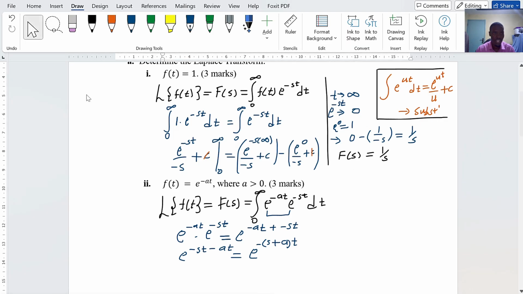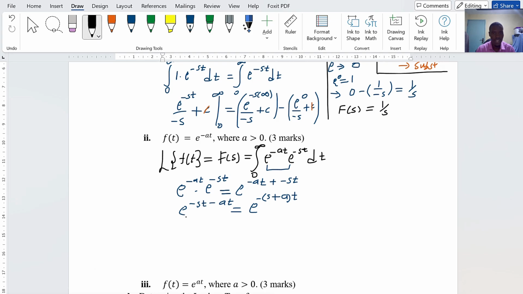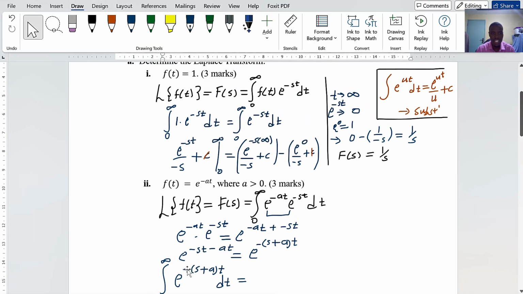Good. Now we proceed, and we are going to have integrating from 0 to infinity e power minus s plus a, into t, then dt. Now again, because we already know our coefficient of t is negative into s plus a, we apply this. Integrating e power ut is the same as e power ut over u plus c.